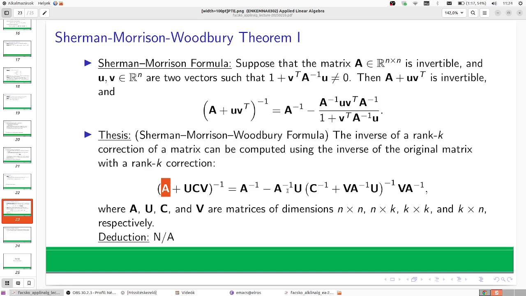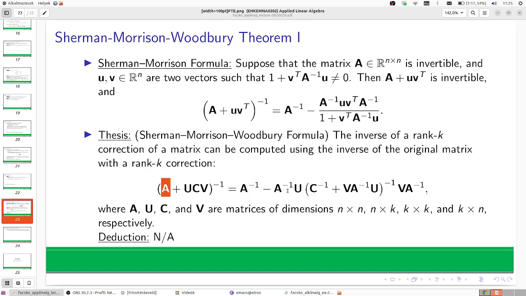I don't derive this because its derivation is very long. I don't expect you to learn it because even I didn't do it. And these matrices have special sizes. Matrix A is n times n, and the others are n times k and k times n, because you can do the multiplication in this way.